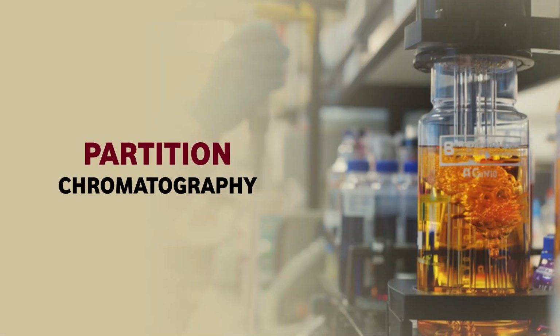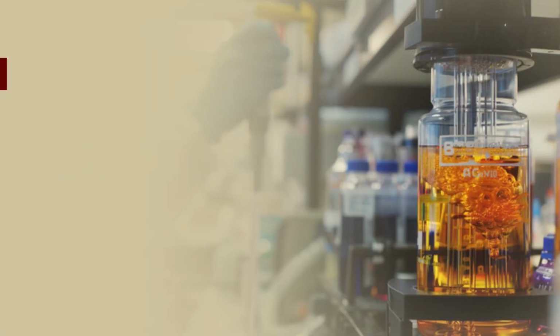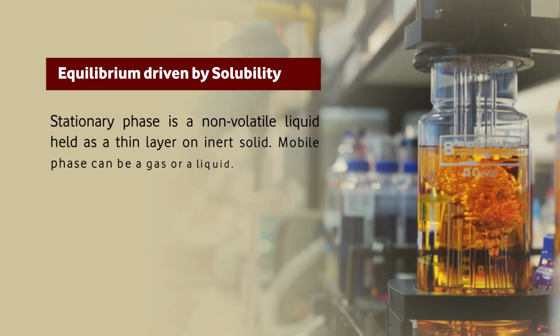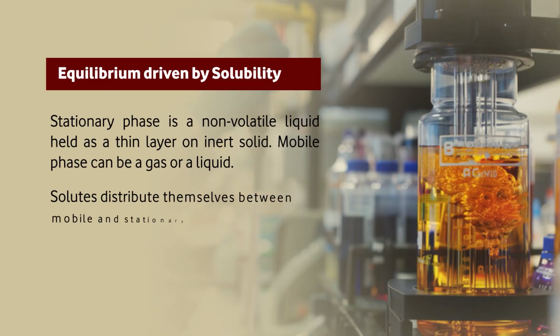This is adsorption chromatography. Let's see partition chromatography. Here the equilibrium is driven by solubility. This kind of partition chromatography is generally done with a stationary phase that has a non-volatile liquid layer on the top.